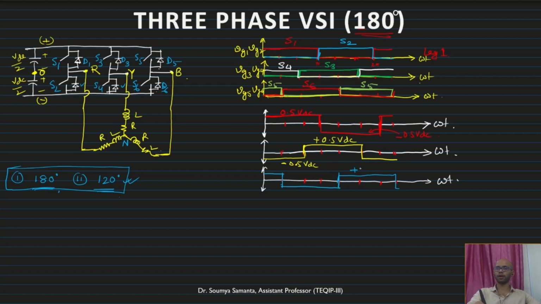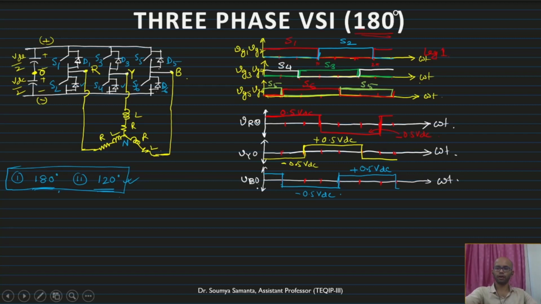So this is plus 0.5 VDC or VDC by 2. This is minus 0.5 VDC. Okay. So this is VRO, this is VYO, this is VBO. Pole voltages, we have got it.